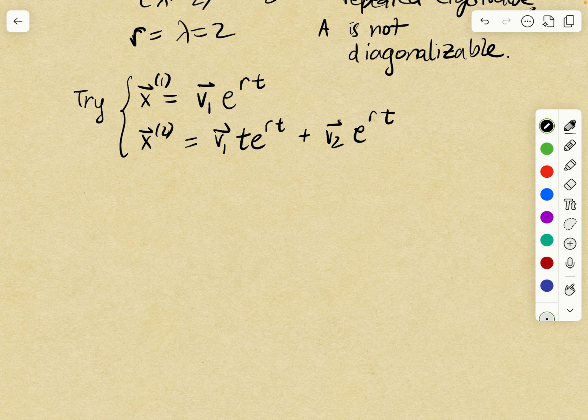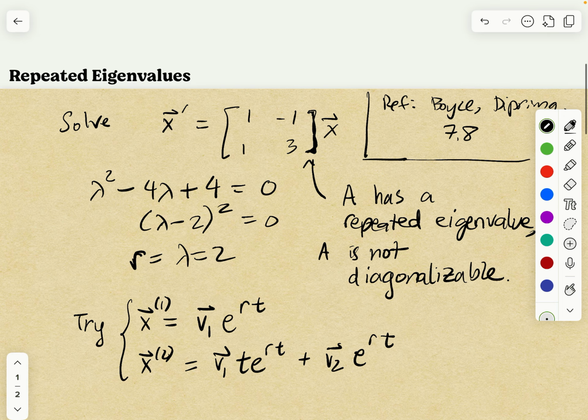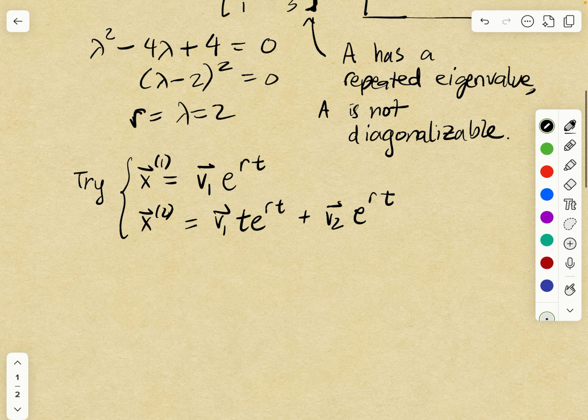Let's see what v1 and v2 will end up being. In this case, r is 2, and we want to make x' equal to Ax.